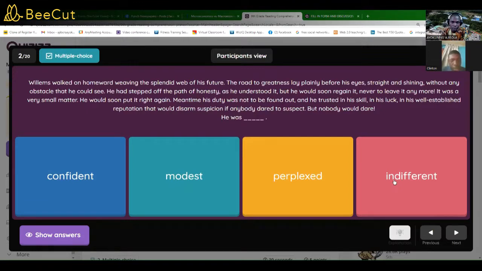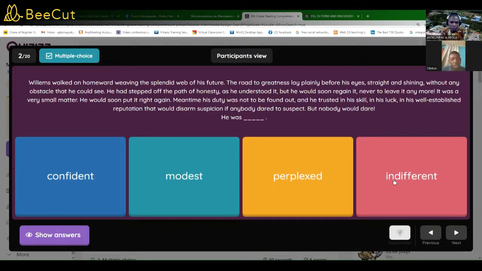The road to greatness lay plainly before his eyes, straight and shining, without any obstacle that he could see. He had stepped off the path of honesty, as he understood it, but he would soon regain it, never to leave it anymore. It was a very small matter.